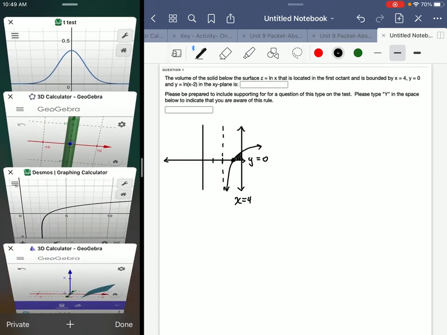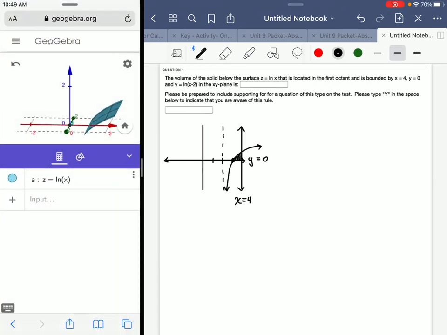In terms of a comparison between the surface and the bounded region, I'm not seeing anything that looks circular here, so I'm not thinking cylindrical or spherical coordinates. You could also consider a change of coordinates within the xy plane by a transformation. But I'm seeing a region that's adjacent to the x-axis, so I think we're going to be okay in that regard also.